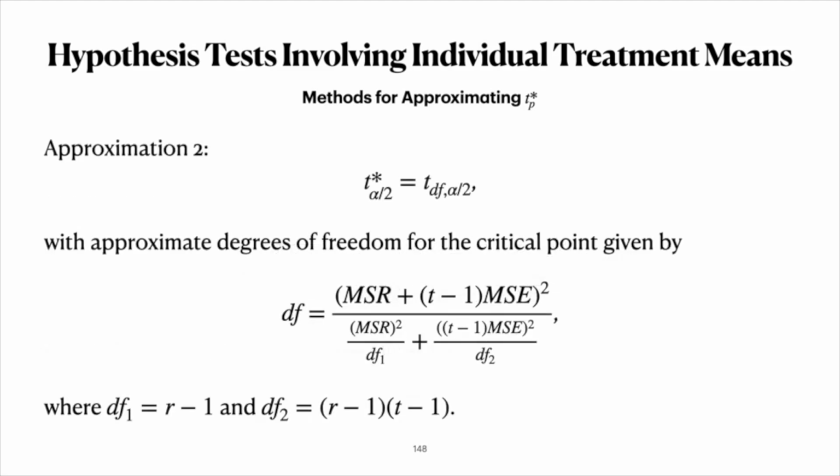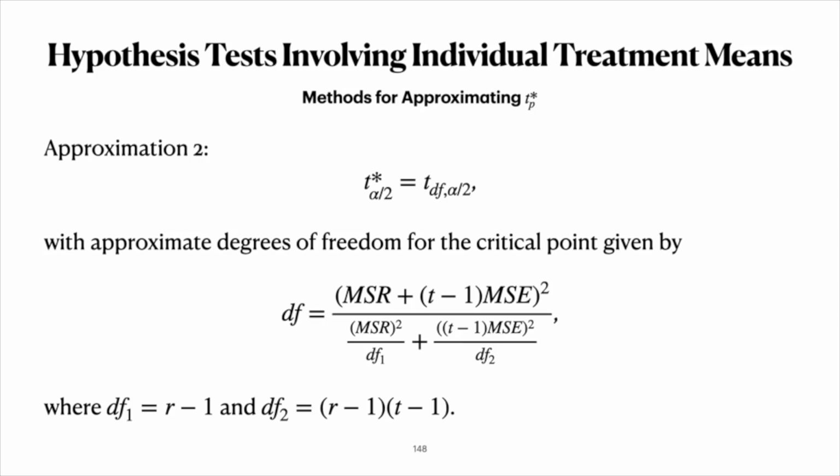Then for approximation method 2, where we are obtaining an approximate t-value, an approximate critical point, by approximating the degrees of freedom associated with that estimated variance, this is the formula that we get. Again, Q1 and Q2 are somewhat simplified, and we have a t-1 in this formula, and we don't see Q1 nor Q2.